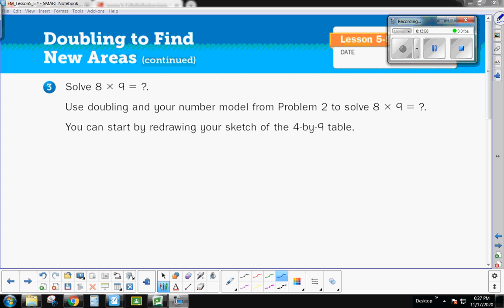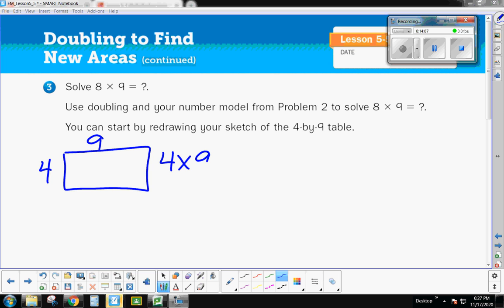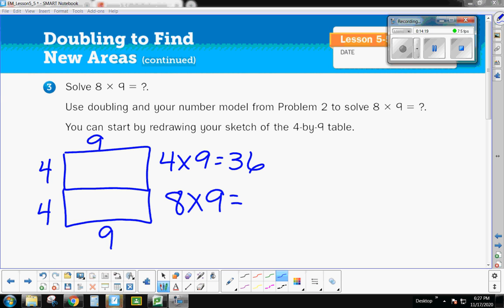Now in problem 2, you already knew that 4 times 9 was 36. Now go ahead and double that. Do another 4 times 9, so that now you have 8 times 9. What will be your answer? Pause your video.